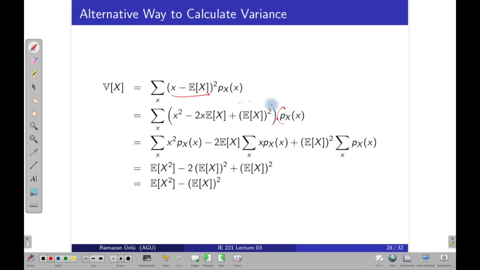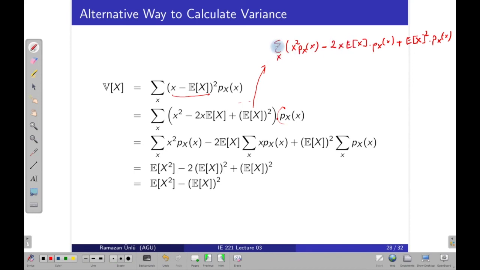So let me write this one simply. Okay, let's open this part: x squared, minus 2x expected value of x, plus the expected value of x squared, times PMF of x, right?